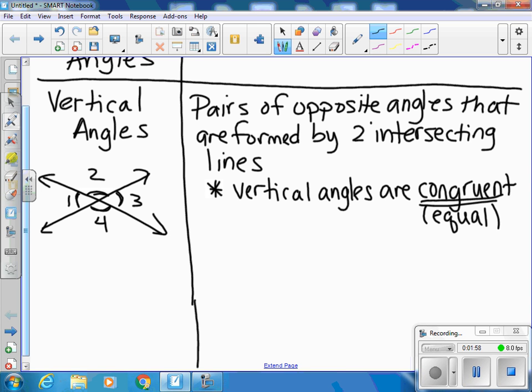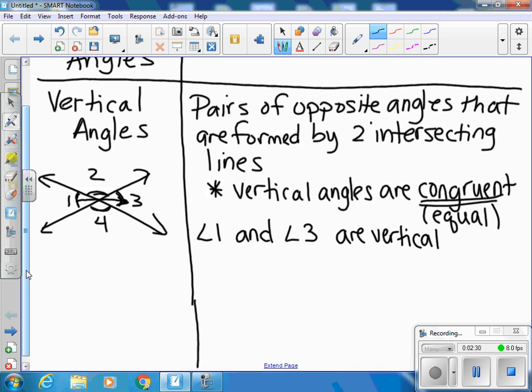All right, so when we look at angles 1, 2, 3, and 4, we have 2 pairs of vertical angles in this picture, and they are opposite of each other. The best way to remember it is that they're straight across from each other. So if you start at angle 1, straight across from angle 1 is angle 3. So angle 1, and remember you have to use your angle symbol, and angle 3 are vertical, which means whatever angle 1 is measurement-wise, angle 3 is going to be the exact same number.